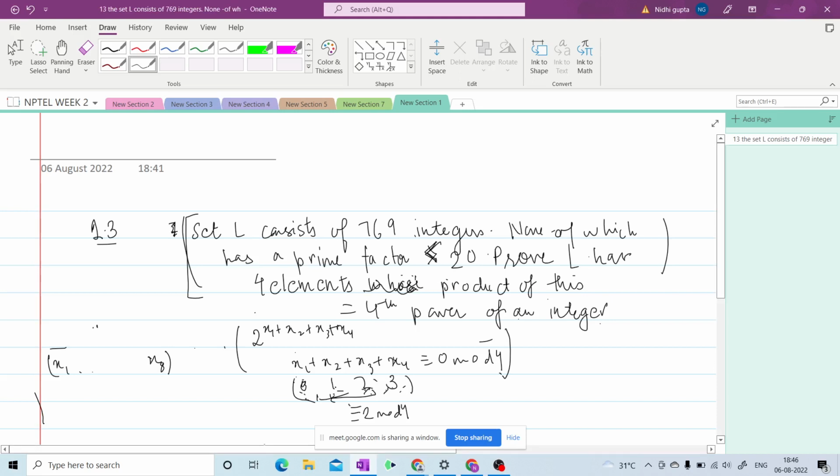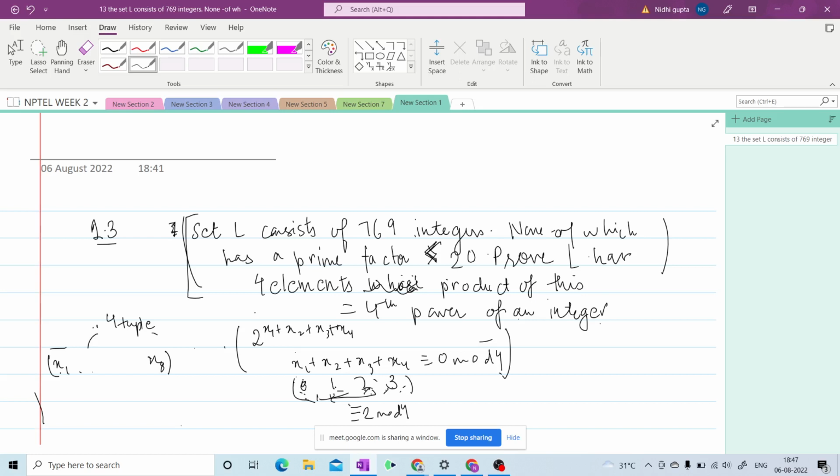You have to make sure you can always find 4 tuples such that when you do the coordinate-wise addition, you always get a multiple of 4 in each of these.